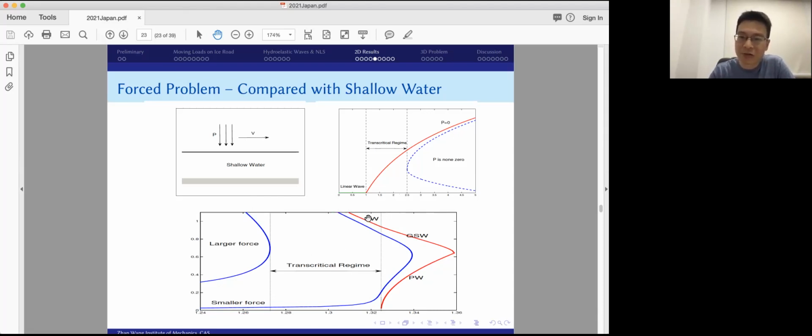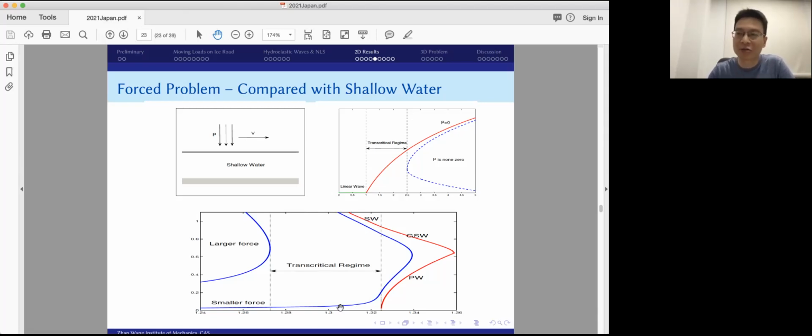In the transcritical regime, as in the shallow water case, there are no linear solutions, no steady solutions with forcing. The only solutions that exist in the transcritical regime are the free solitary waves. So if you apply the forcing and move it in the transcritical regime, you will see the generation of large amplitude solitary waves.